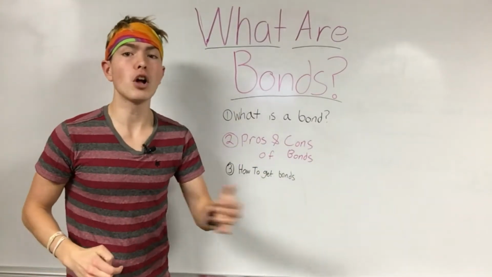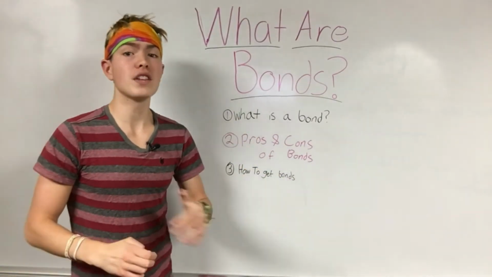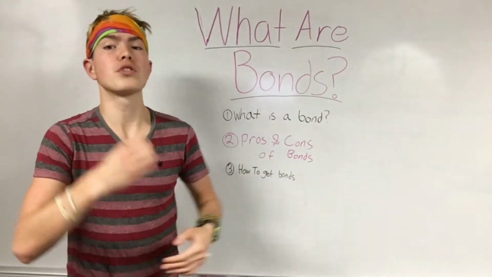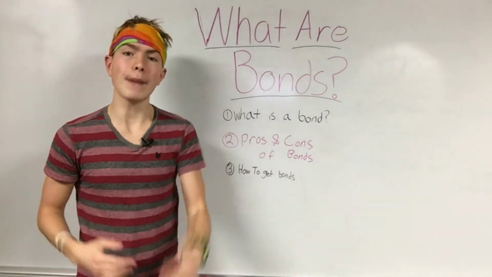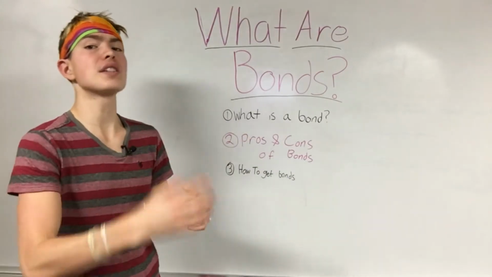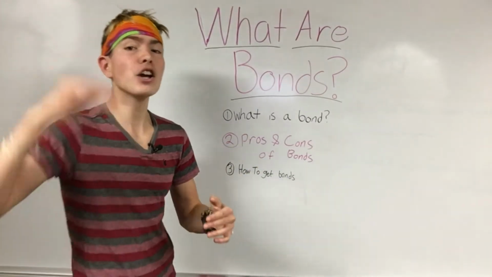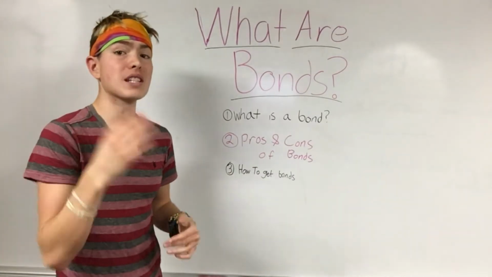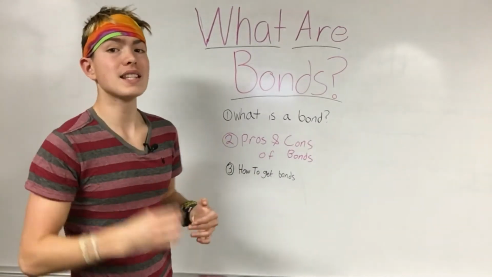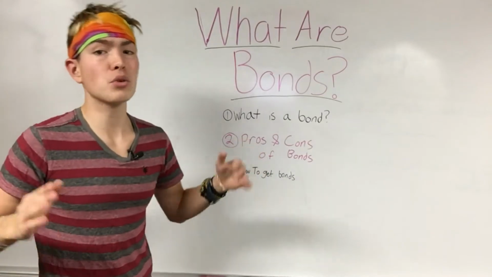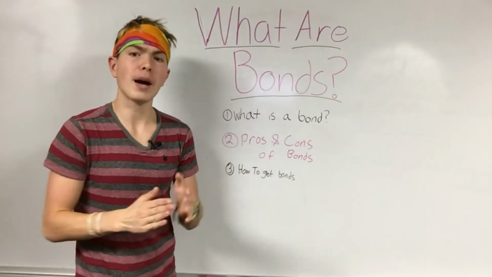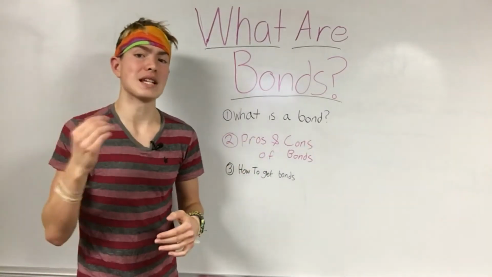They could file bankruptcy, all of this stuff could happen over the next 30 years, which would result in you potentially not getting paid back. And anytime there's a risk of you not getting paid back, that is a risk premium, and you're going to be receiving a higher interest rate on any risk premiums. So that is something to keep in mind. If you've got a long-term bond, it's going to have a higher interest rate than a short-term bond for the most part, because of that risk premium.